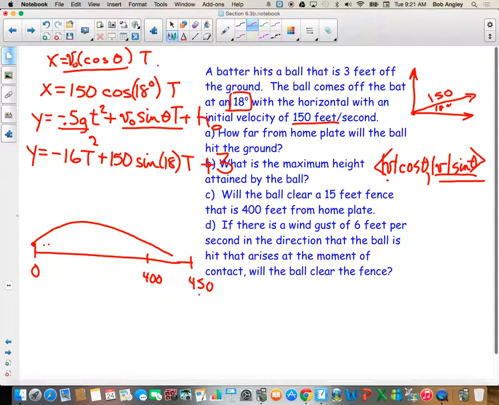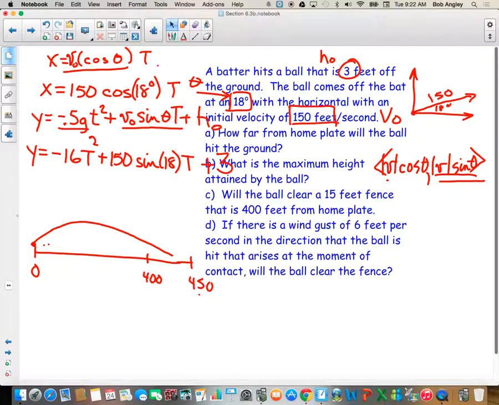Okay, now all that I'm doing there is identifying that this number is h sub 0, that this number here is theta, and that this number right here is v sub 0, and then I'm just plugging them into the formula. So that's just a formula from physics that we're applying, okay?